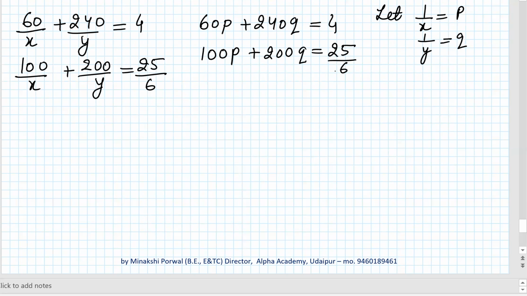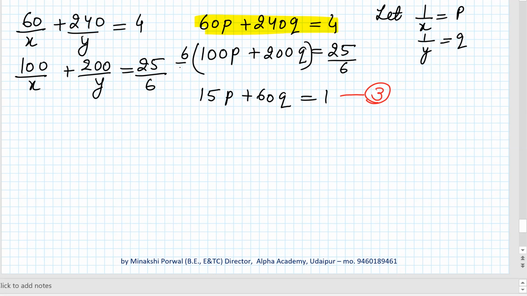We can further reduce these equations. So first equation, let us divide the first equation by 4, then it will be 15p plus 60q equals 1. Let this be equation 3. For next equation, let us multiply by 6 by 25 on both sides.